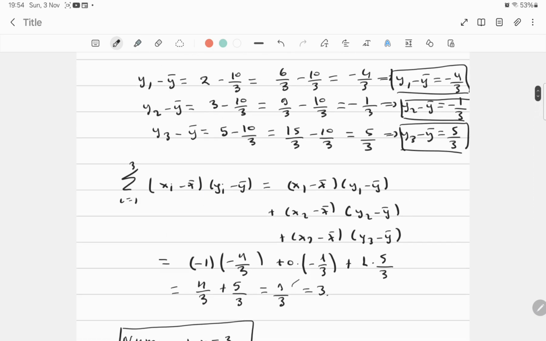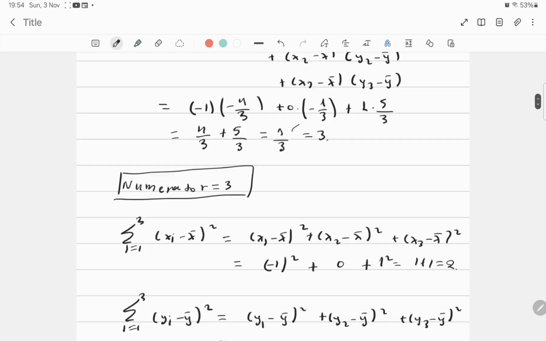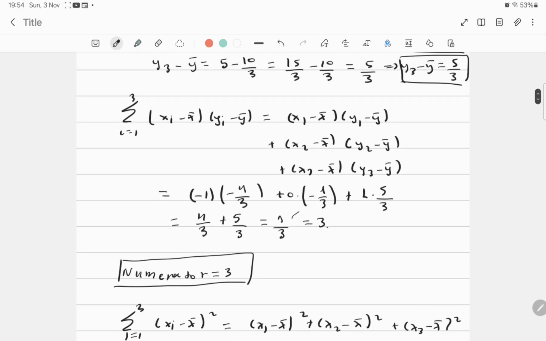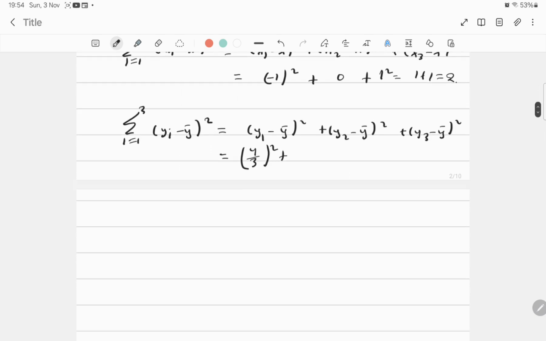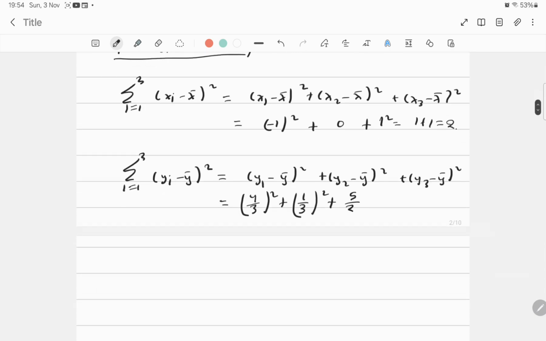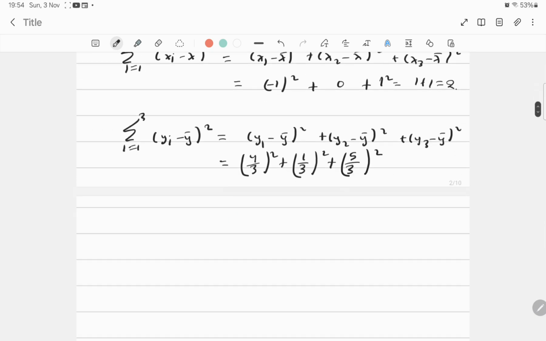Let's have a look here. It is 4/3 squared plus 1/3 squared plus 5/3 squared. That's 16/9 plus 1/9 plus 25/9. That's 17 plus 25 over 9.